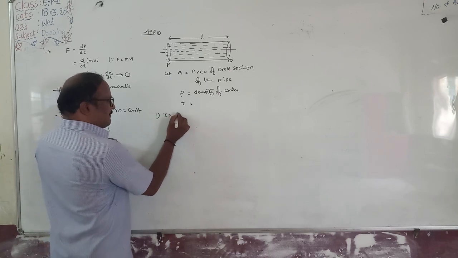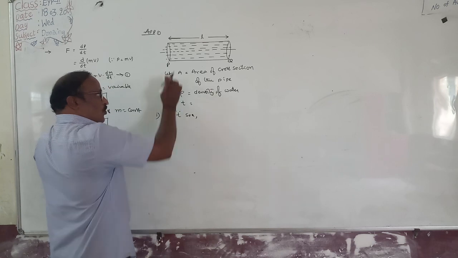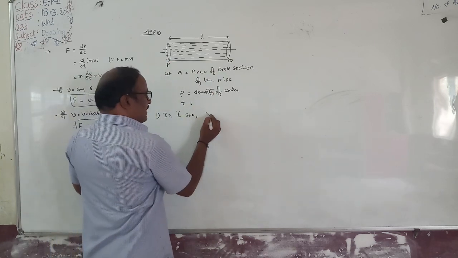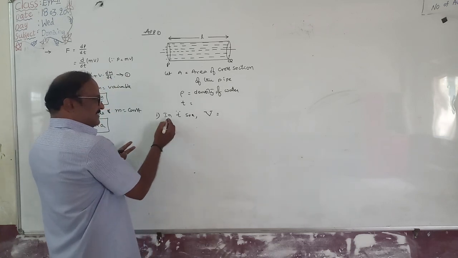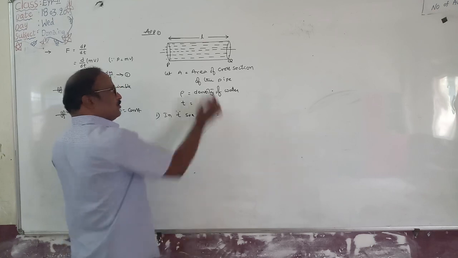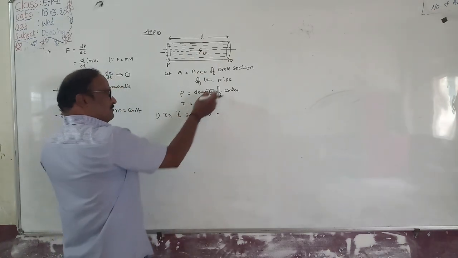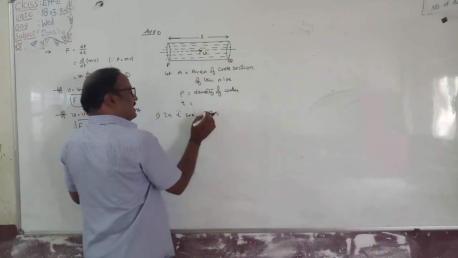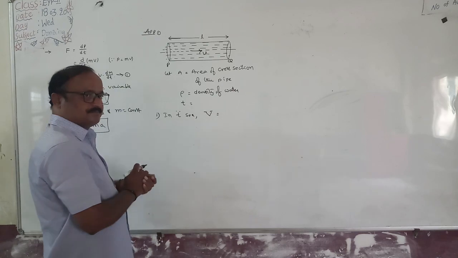Suppose in a time of t seconds, the volume of the water flowing through the pipe is V. In this time interval, water travels from P to Q with a constant velocity small v. Volume of water flowing through the pipe in this time t seconds is nothing but the volume of the pipe.